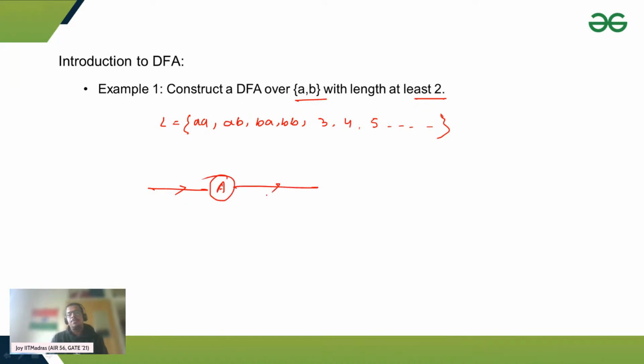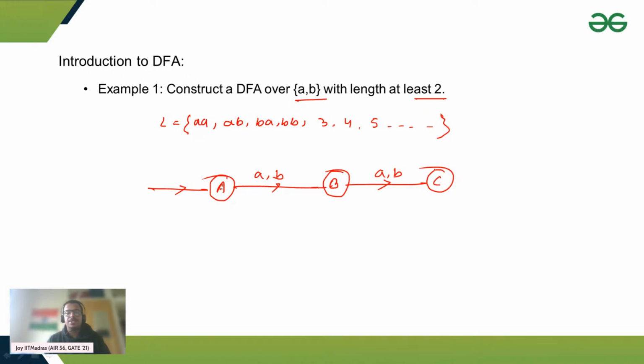Upon getting any symbol, we'll go to another state B. State B represents that we have now scanned at least one symbol, either A or B. Now again, if we get another symbol, either A or B, we'll go to state C. State C represents that at this moment we have scanned at least two symbols.